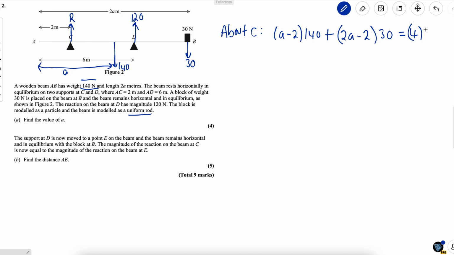And that's multiplied by the force of 120. Now, I've noticed I can divide through by 10, which just makes it slightly simpler, and multiply out.